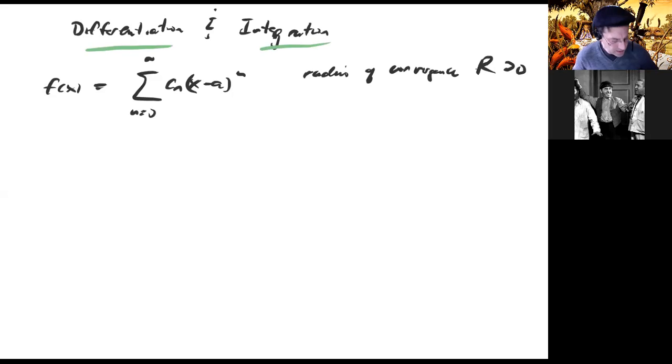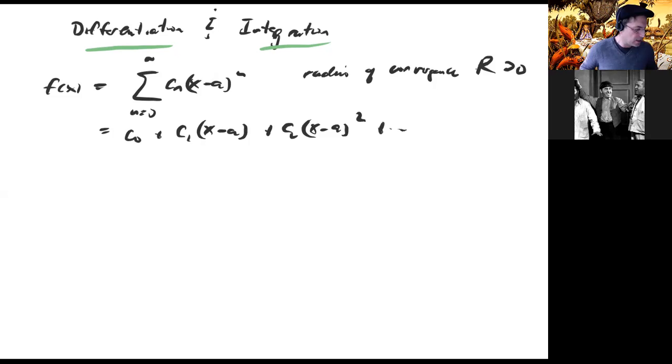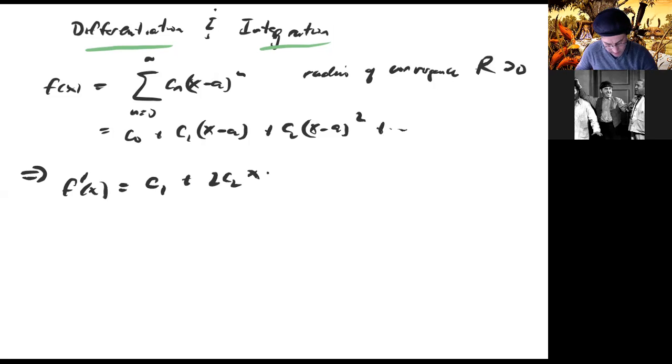So we can think of this as C0 plus C1 times (x minus a) plus C2 times (x minus a) squared, etc. Then we can actually compute the derivative of this function term by term, and this is given by C1 times... so C0 is a constant, has no derivative, C1 times the derivative of (x minus a), which is 1, plus 2 C2 (x minus a), plus 3 C3 (x minus a) squared, and so on.